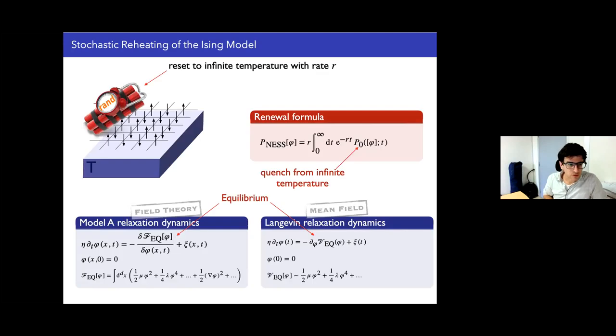All right. So to discuss these three field theoretic questions, I will introduce a relatively simple model where these three questions can be framed and answered both analytically and numerically without being too hard to solve. This is again the stochastic reheating Ising model.